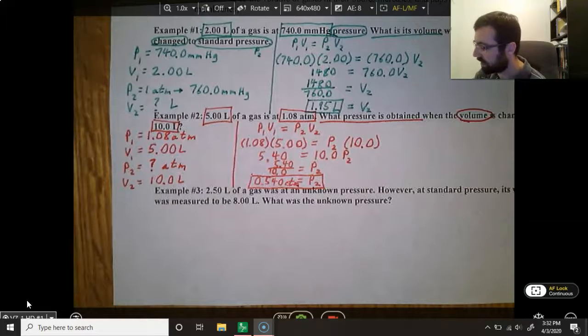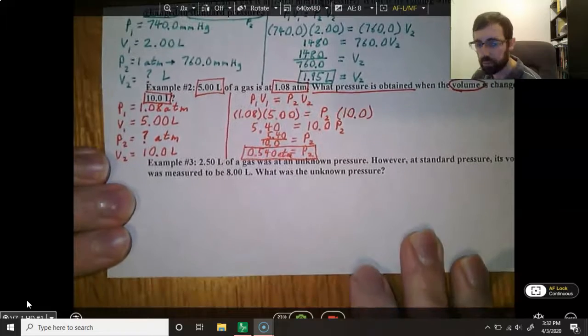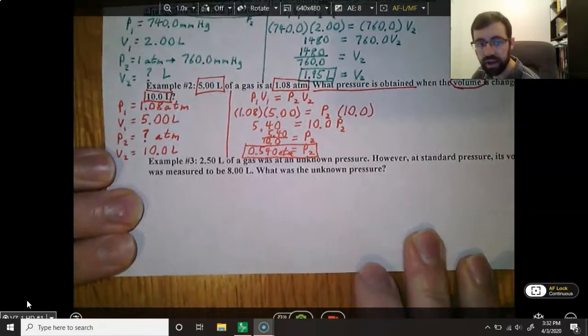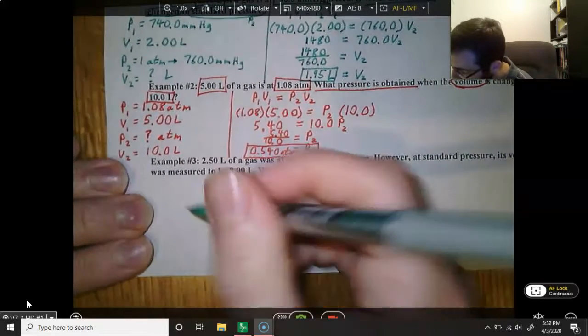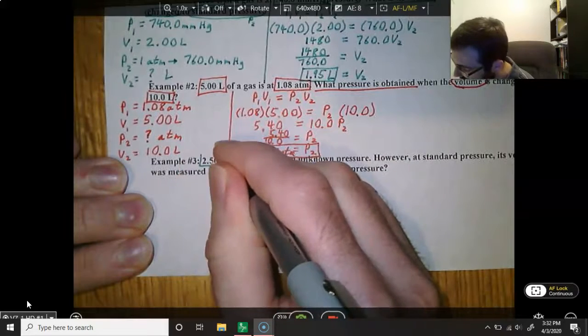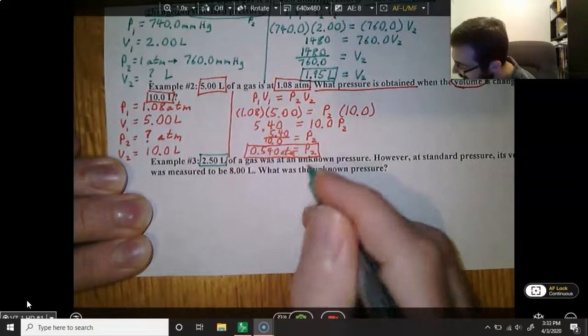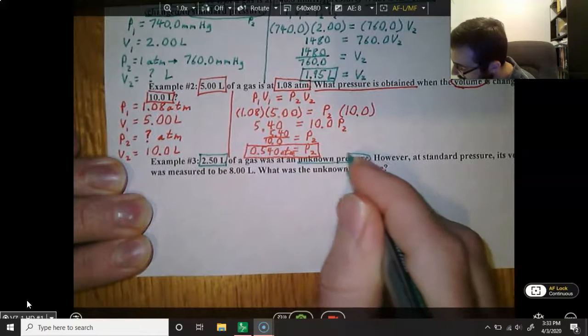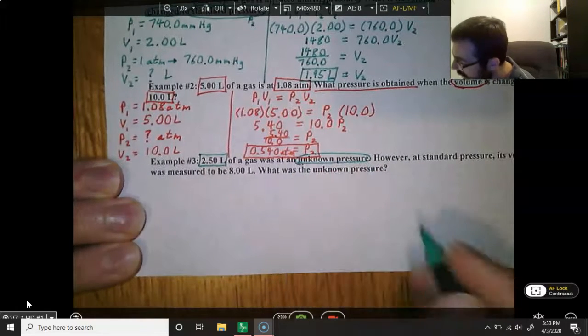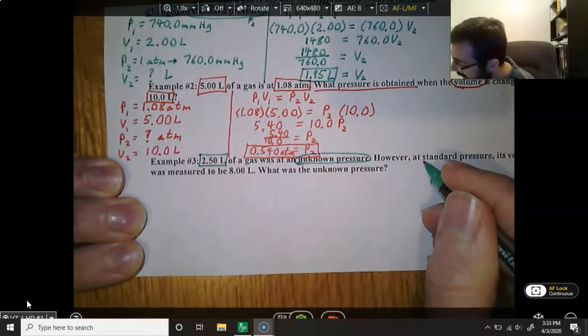Switching back to green, let's wrap up this third problem. Example number 3. 2.50 liters of a gas was at an unknown pressure. Sounds like a key term. I'm going to circle it. It's an unknown pressure. However, at standard pressure, that is a key term.